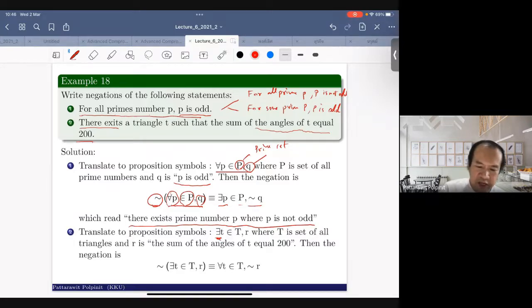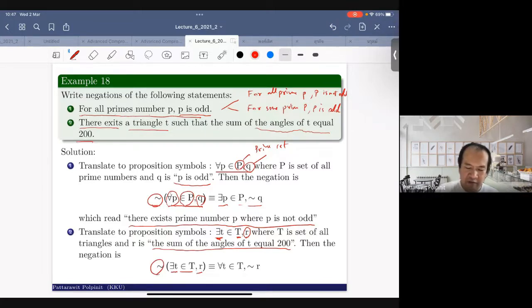So for a triangle I use the symbol T, the set of all triangles, and then I use a symbol R to represent that the sum of the angles equals 200. So what I have is there exists T in the set of T, R. And then I put the negation outside.